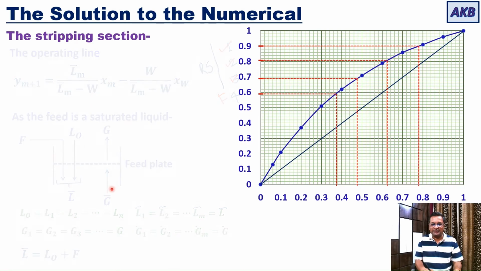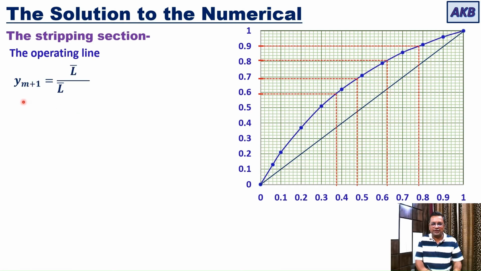So the operating line equation now will be written like this: y_{m+1} = (L̄ / (L̄ − W)) x_m − (W / (L̄ − W)) x_W. You must have noticed I have replaced L bar m with L bar. So L bar is L0 plus F.